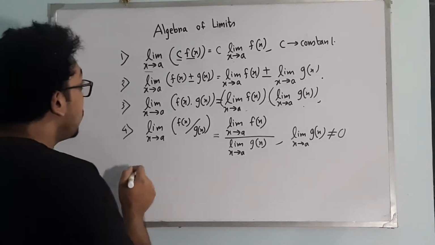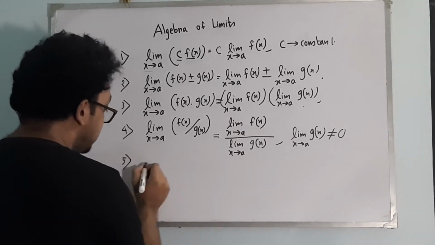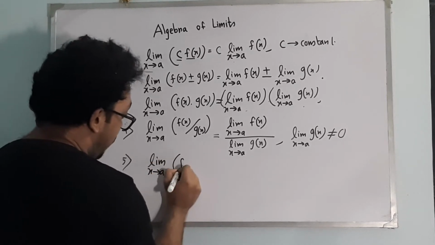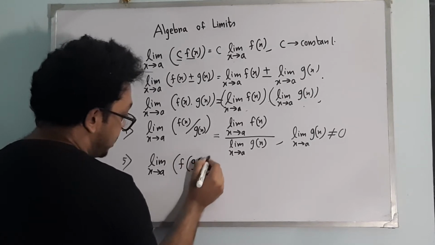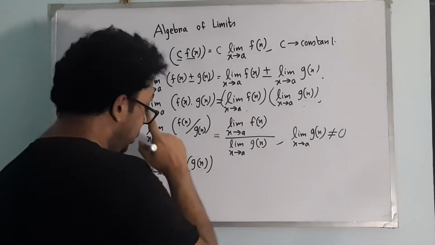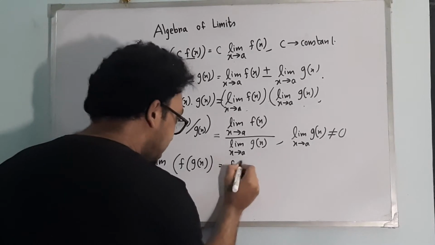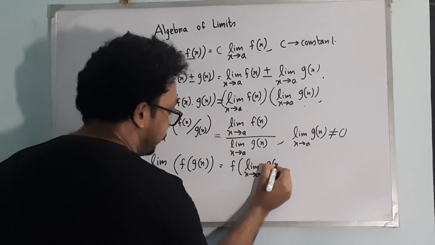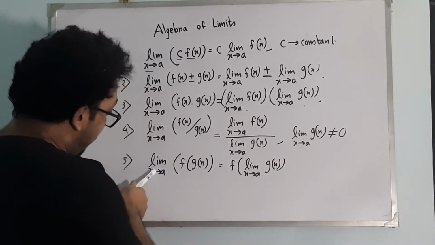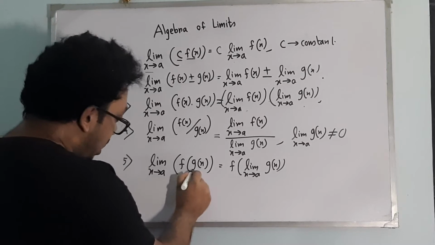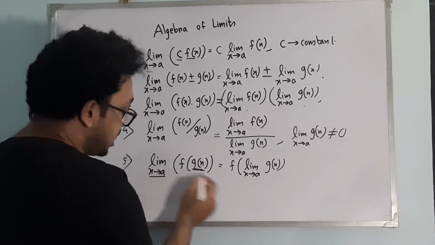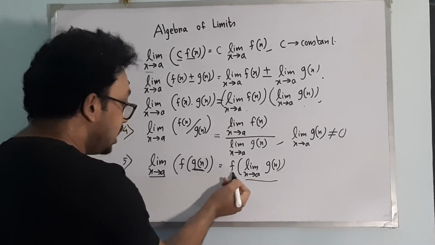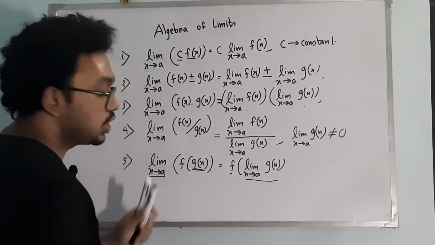There is one more rule. This says that limit extending towards a of f of g x is nothing but a composite function. We should already know this. This is same as f of limit extending towards a of g of x. That is, you can first find out towards which value g x will tend when x extends to a, that is limit of g x extending towards a, and after that you can apply the function f.